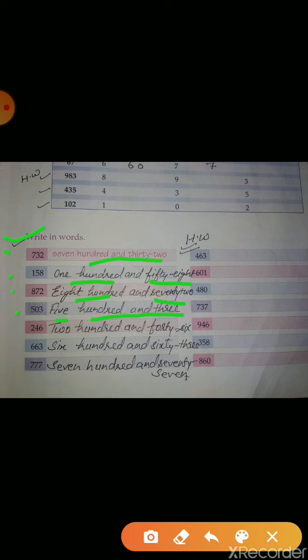Next, 246 is given. Write the number name of it. Now 663. Write the spelling of it. Now next is 777. Write here its number name. This part you do in homework.